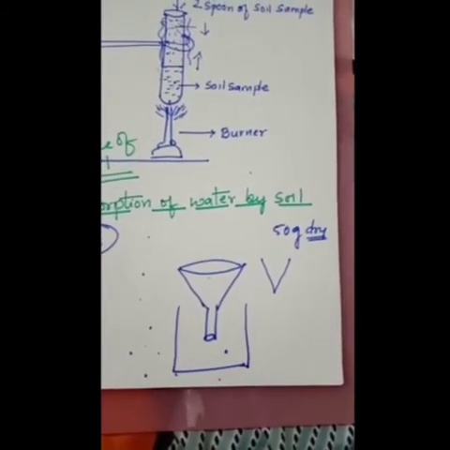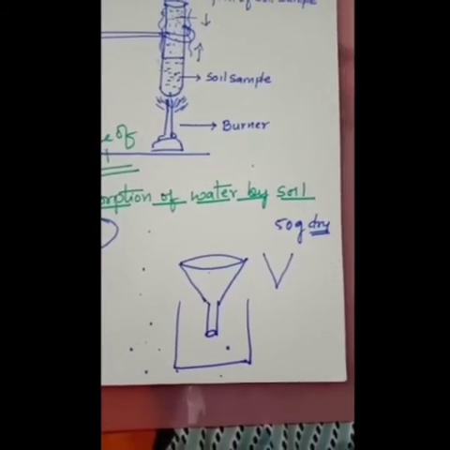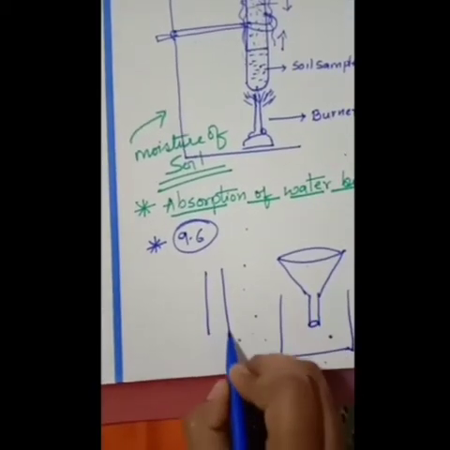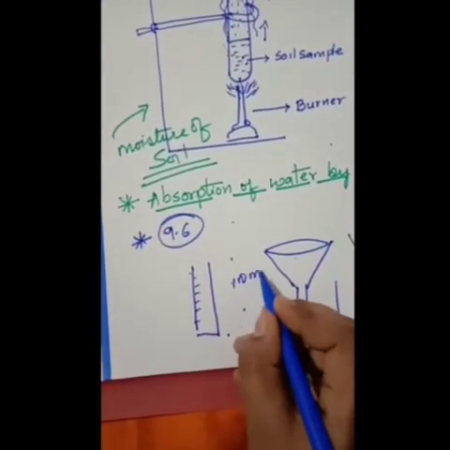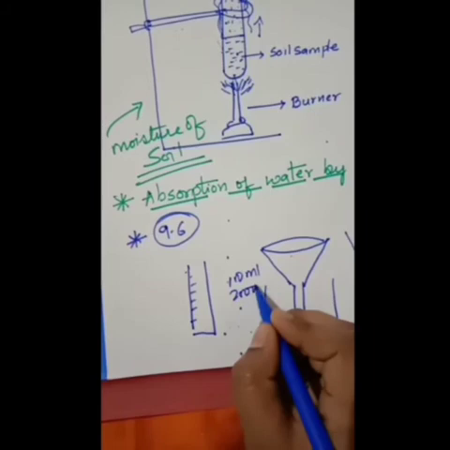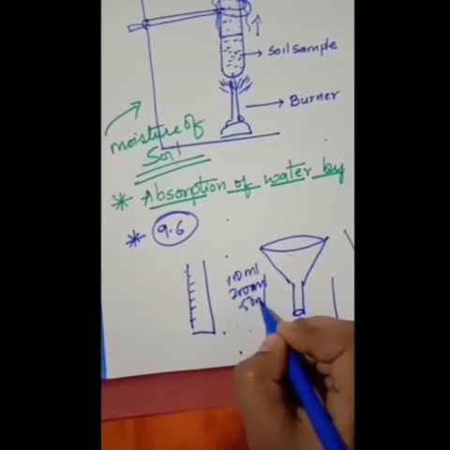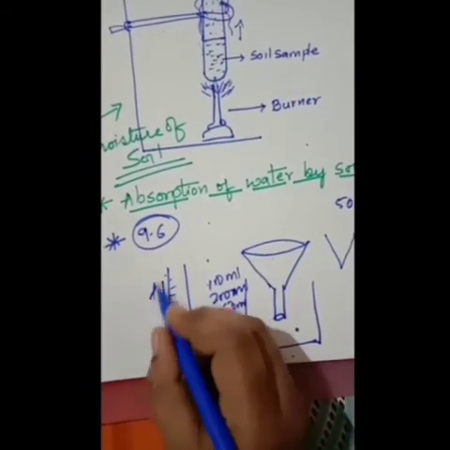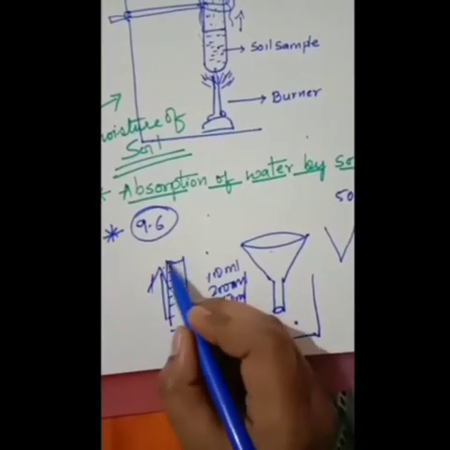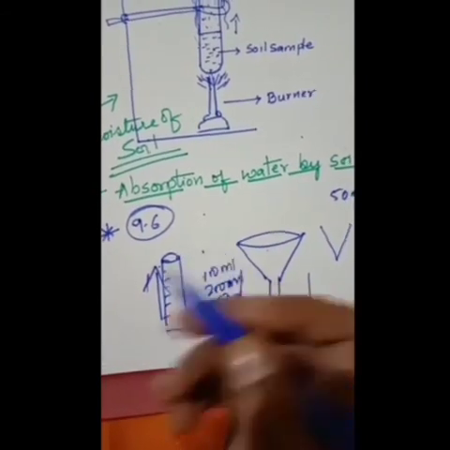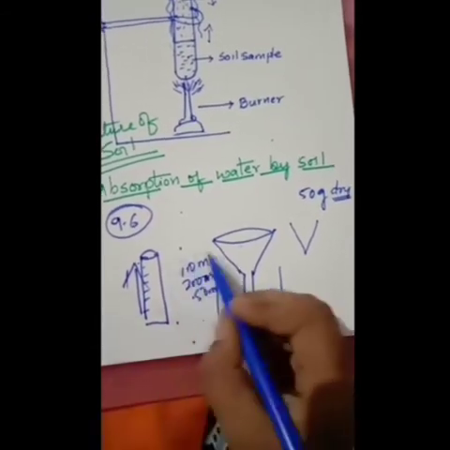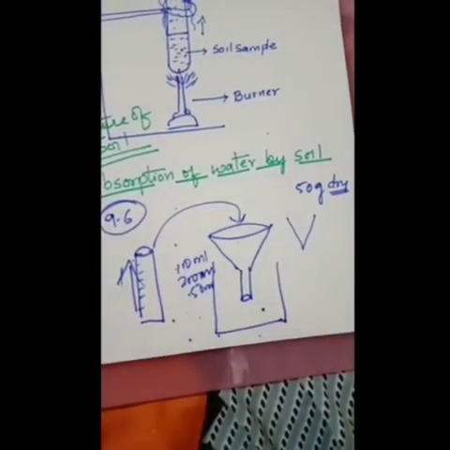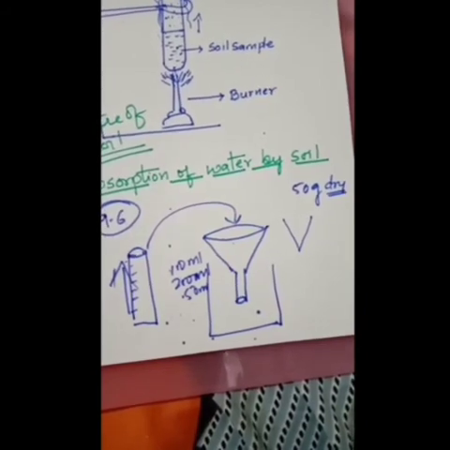So for example, you have a cylinder like this which has measurements, for 100 ml or 200 ml or 50 ml. Using this measuring cylinder, take approximately 200 ml or 50 ml of water, and pour it drop by drop in the funnel.